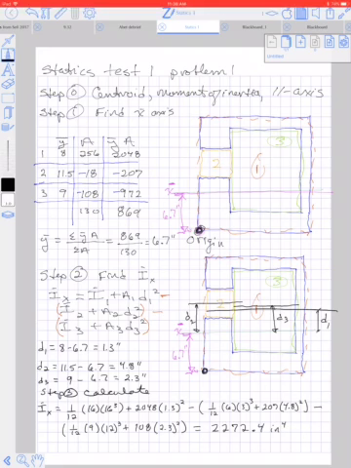From this point, that's in the y direction, so we really need to find y bar. If we find y bar for this piece, then we'll know where the centroidal X-axis is.